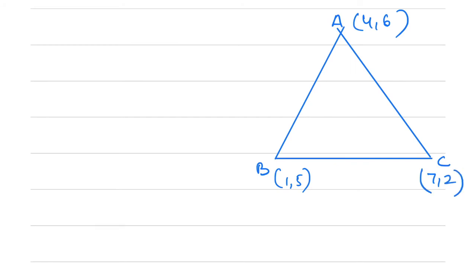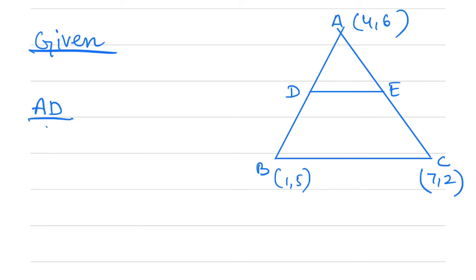The line segment DE is drawn to intersect the sides AB and AC at D and E. We are given that AD by AB is equal to AE by AC is equal to 1 by 3.